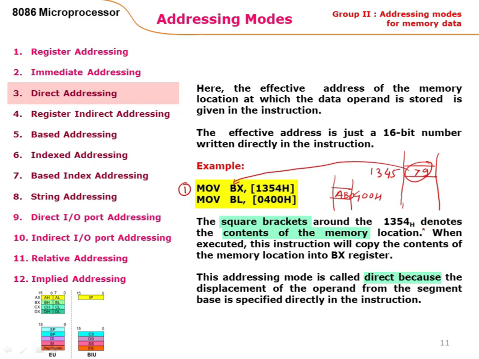When executed, this instruction will copy the contents of the memory location into the BX register. This addressing mode is also called direct mode because the displacement of the operand from the segment base is specified directly in the instruction.